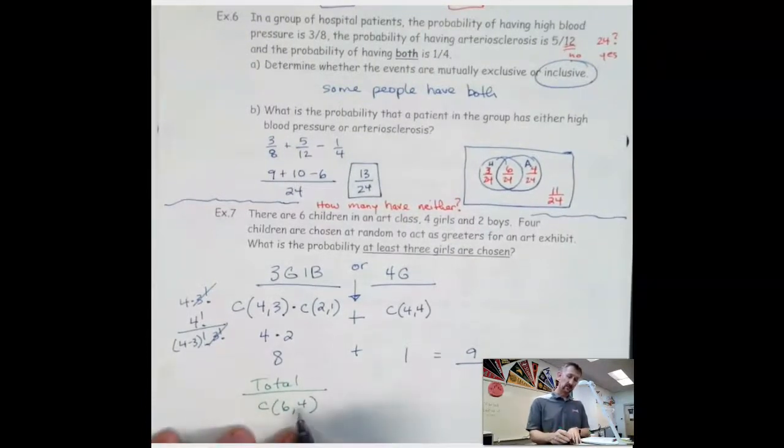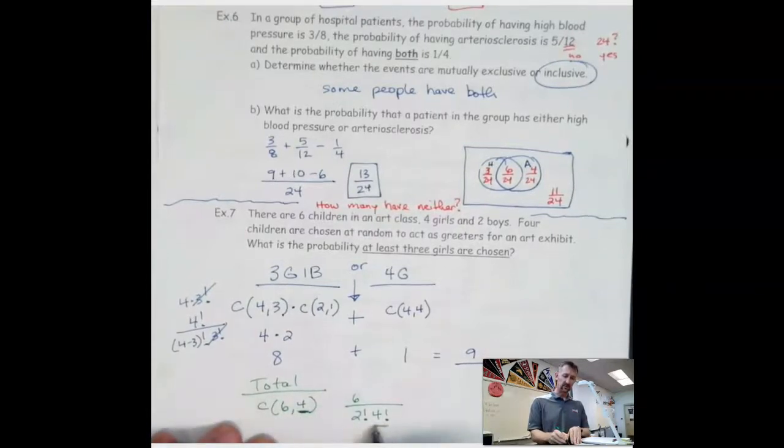Okay? So the formula, that is 6 factorial over 6 minus 4 factorial, which is 2 factorial, times 4 factorial. Combination, you always have this number, and then you always have the difference of those 2 numbers. So now, the numerator would normally be 6 factorial, but I can see a 4 factorial down here, and I don't want to write this out twice, so I'm going to write 6 times 5 times 4 factorial.